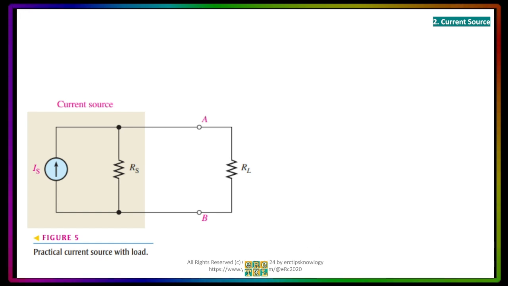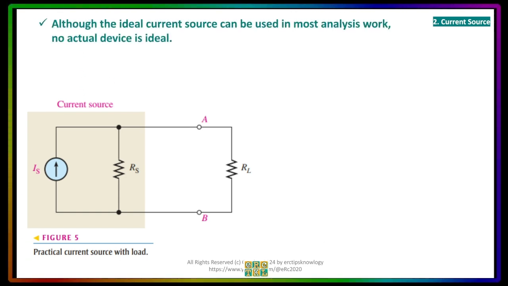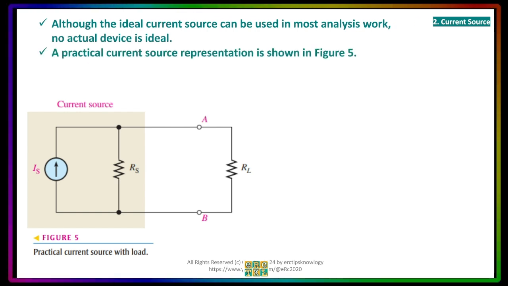Now, in the next figure, you will see that we placed an RS in parallel with the IS, and this is no longer an ideal current source because there's now an internal resistance. So this is called practical current source now with load. And although the ideal current source are used in most analysis work, no perfect or ideal device will be there, or ideal current source.